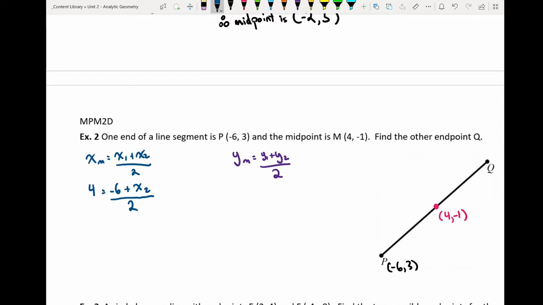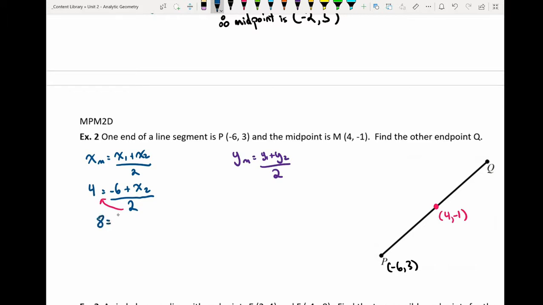So here I've plugged in everything I can based on the information that's given to me, and I do have one missing piece, which is this x2. But because this is an equation and I only have one missing variable, I can solve for that x2 value. So I'm going to work on solving it. I'm going to bring the divide by 2 up so it becomes multiplied.